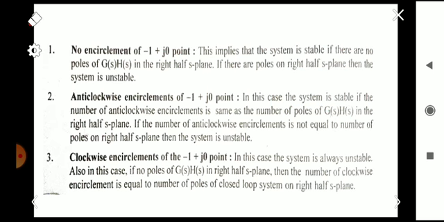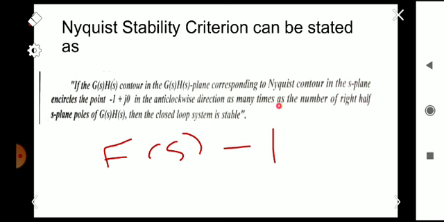So if there are no poles of G(s)H(s) in the right half of the s plane, but we are having clockwise encirclements of minus 1 plus j0, then the number of clockwise encirclements will equal the number of poles of the closed loop system in the right half of the s plane. Okay, so these are the assumptions made from the Nyquist stability criterion.